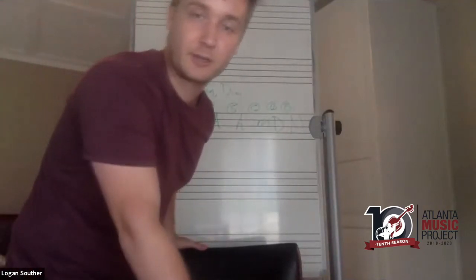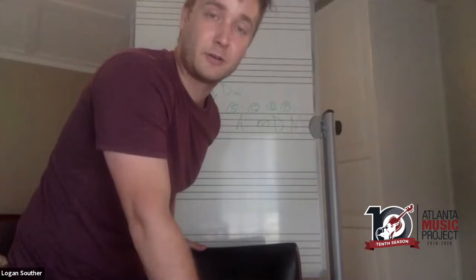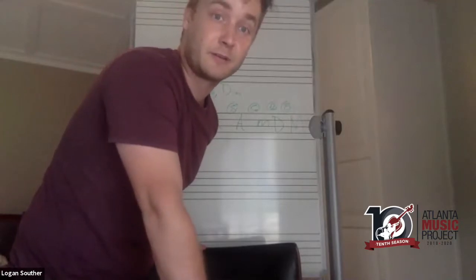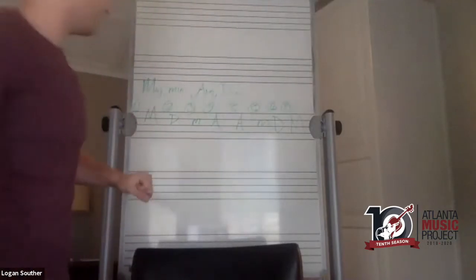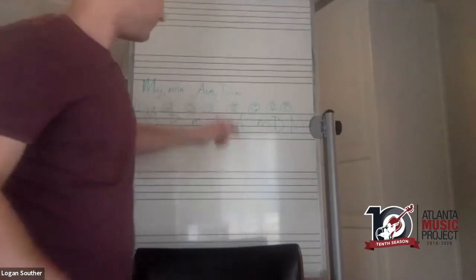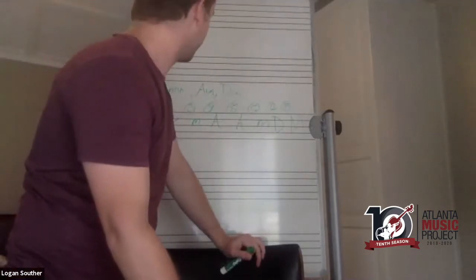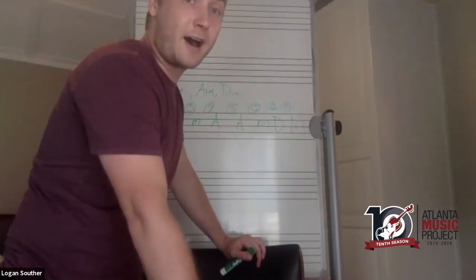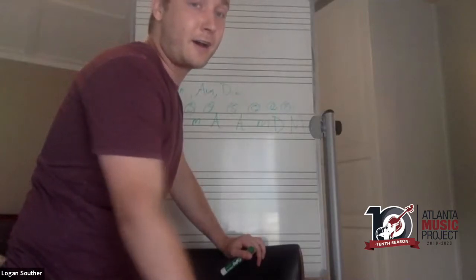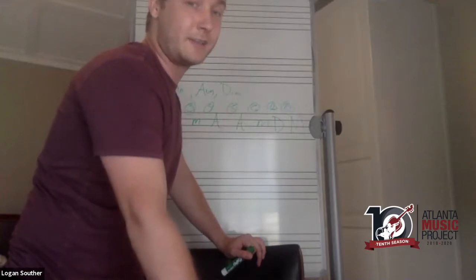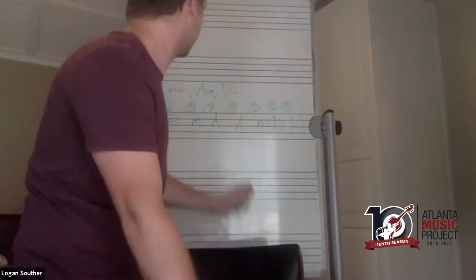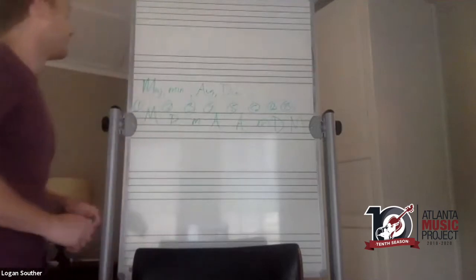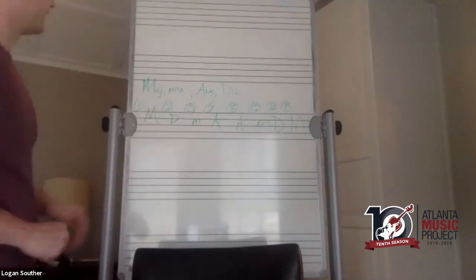So if you feel like you can raise that top note up a half step, then you might be dealing with a diminished chord. Now the opposite is true for the augmented. If you feel like you can lower that to get a nice major sound, then it might be augmented.